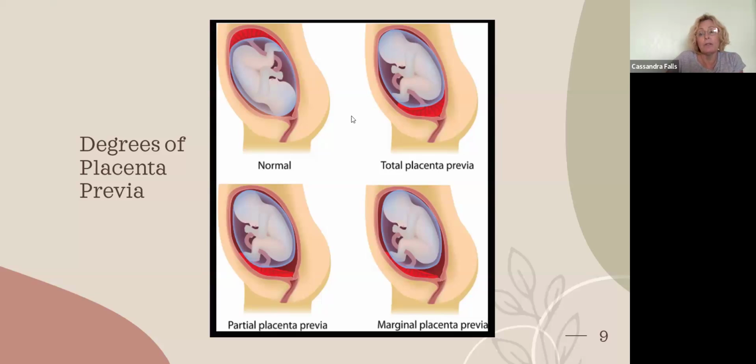If you have a total placenta previa, the placenta itself is attached in the lower segment of the uterus and it's crossing the cervix completely, there's no way for the baby to be delivered with the placenta still attached. So this baby has to be a C-section, because as the cervix opens, the placenta will bleed out.